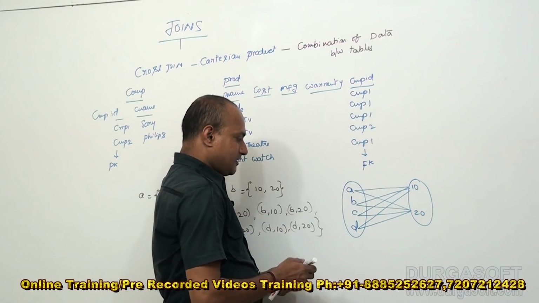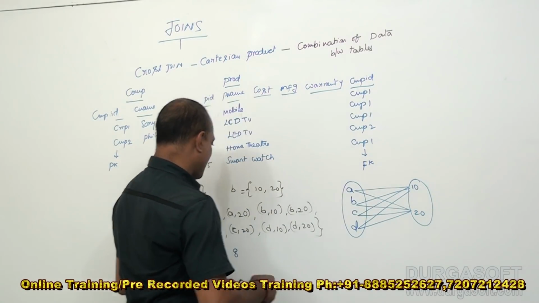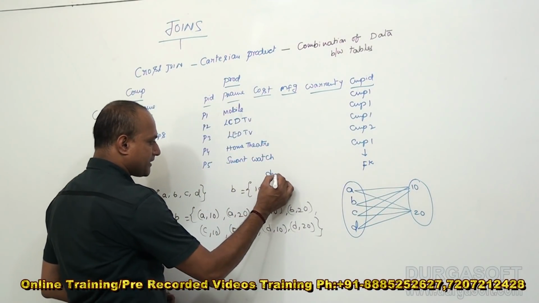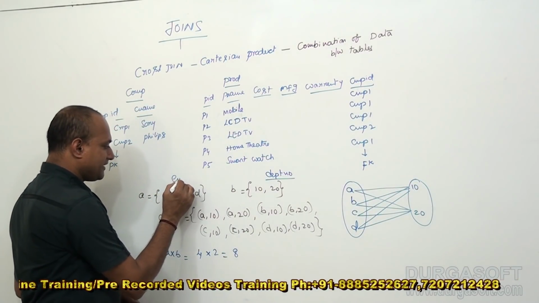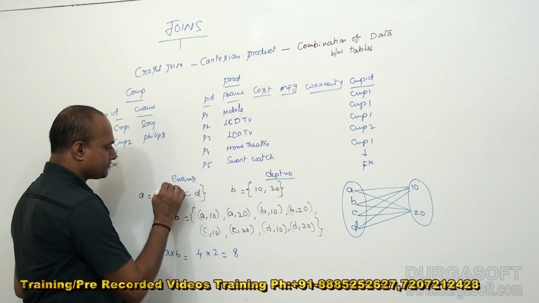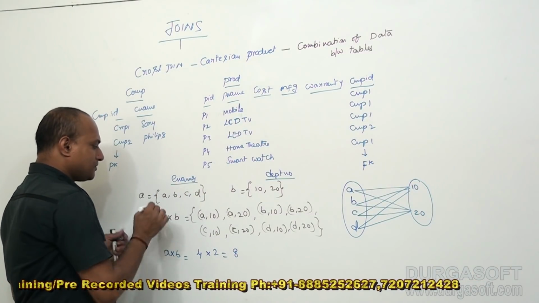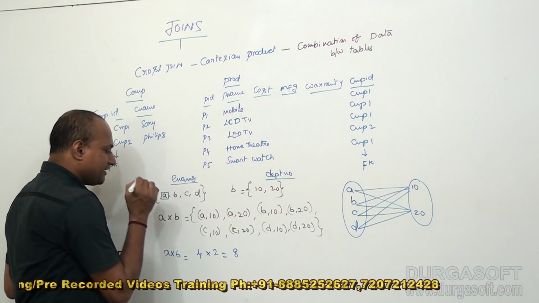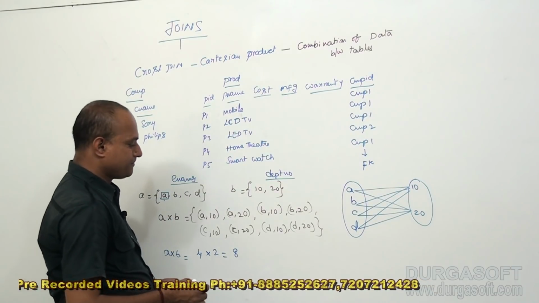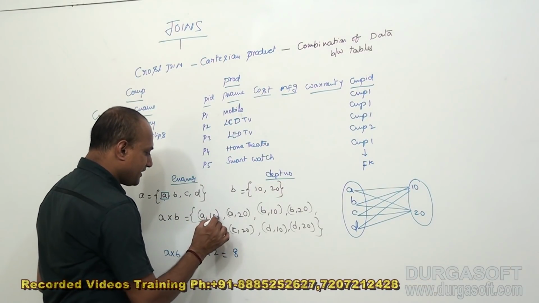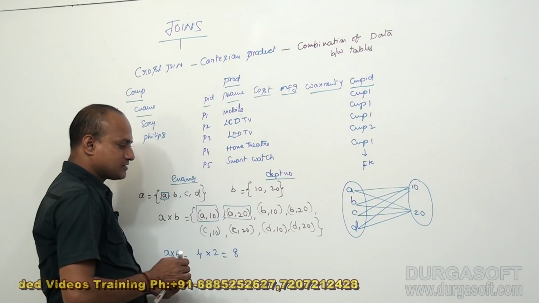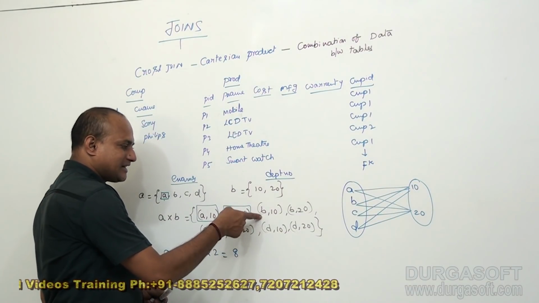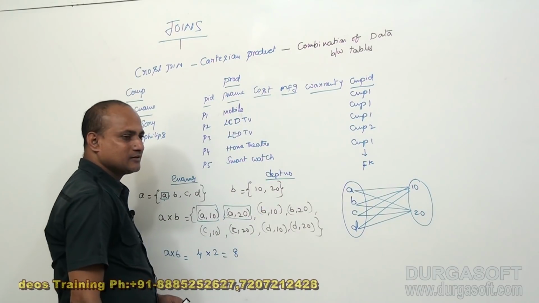If you think generally, let us assume these are department numbers, and these are employee names, anything. At a time one employee works under one department, but here you are saying A is working under 10 and also A is working under 20. Similarly, B is working under 10, B is also working under 20.